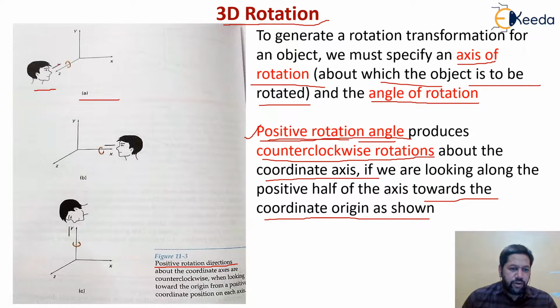So this is my looking direction, I'm looking towards my origin. This is my origin. Okay, then in that particular case you can find what will be my angle of rotation for the z axis, which is my positive angle. Then you can find that this is my positive angle, this is my arrow. Okay, positive angle. Similarly, in the B diagram, if I'm talking about x-axis, I'm looking towards the x-axis, then you can find the positive angle of rotation for x-axis is from this to this side.